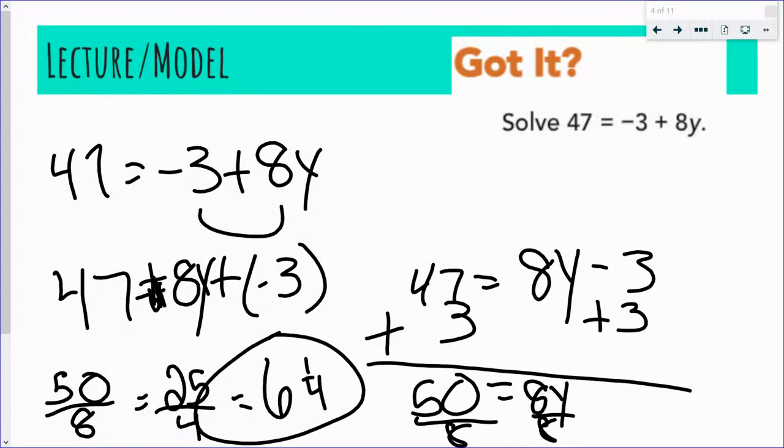So the value of y in this equation would be 6 1/4. You could also go back and plug in 25/4 times 8. 8 times 25 would be 200, divided by 4 would be 50, and then -3 plus 50 would be 47. So you can always go back in and just double check that you have the right value.